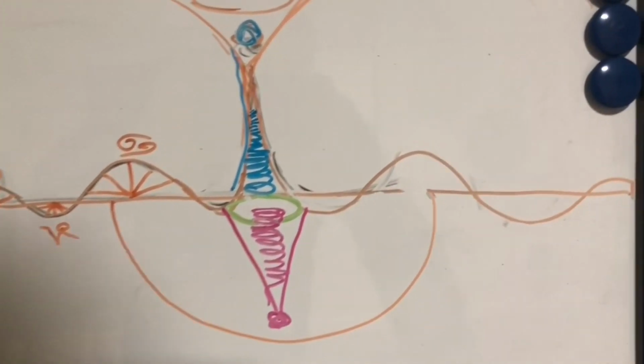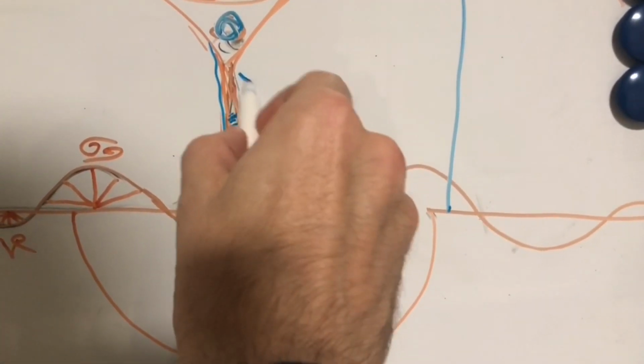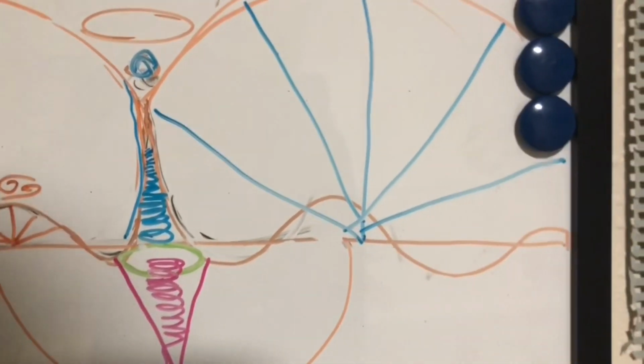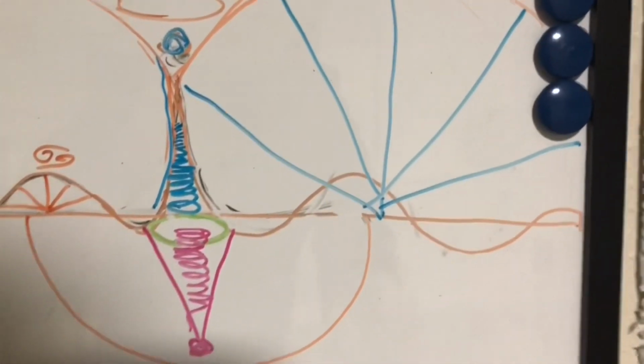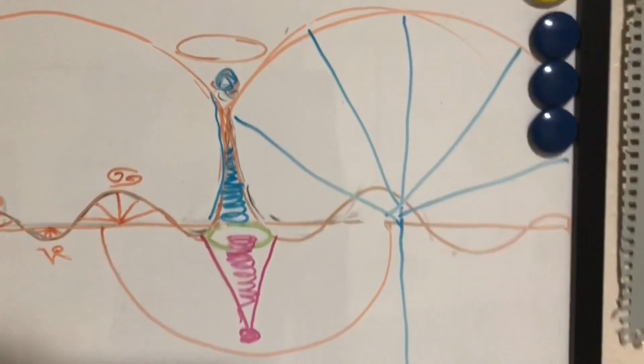We only have six signs, because the rest of them are just a reflection. So there we go.